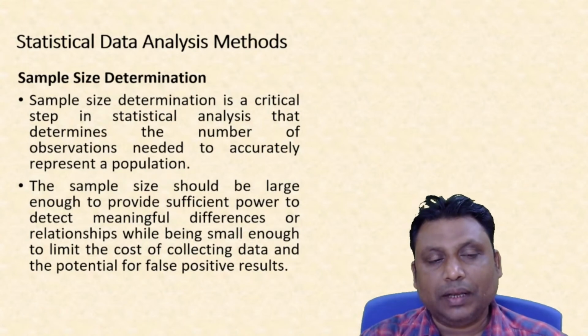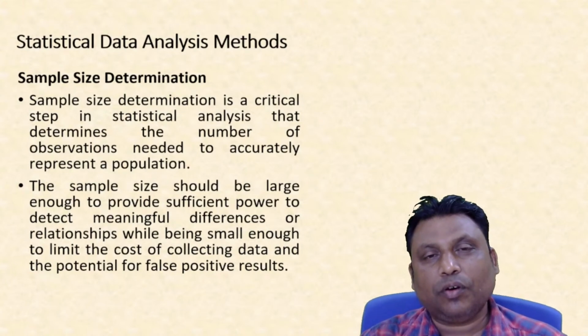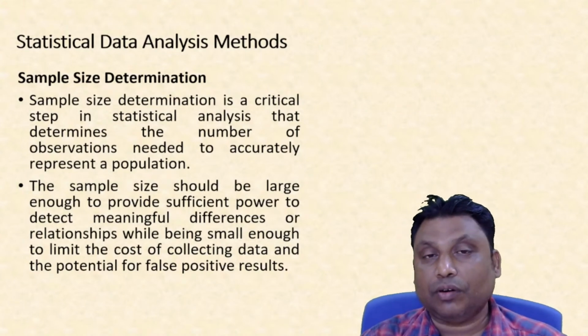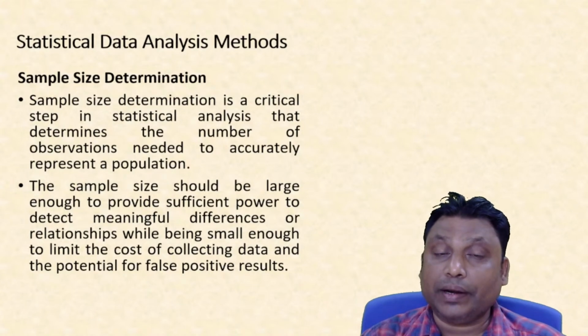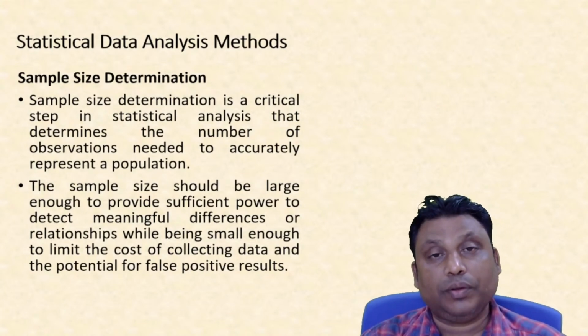When you collect the sample, the data relationship is required. Without a relationship, if you are collecting data that is not required for your research work, your result will automatically be false or negative.